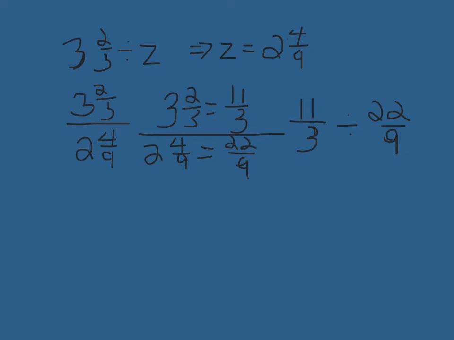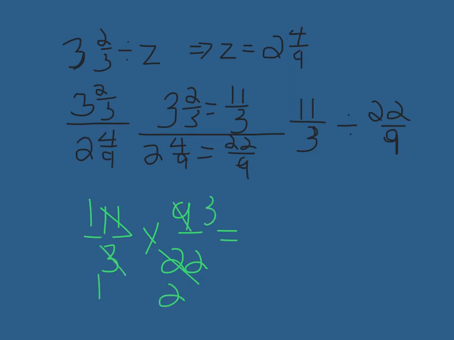Now I turn that into my reciprocals and multiply. 11/3 times 9 over 22. Here I can cross out, and that equals 1 and 2, 1 and 3. So I end up with 3 halves, which equals 1 1/2. Okay, is that what you were able to get as well?